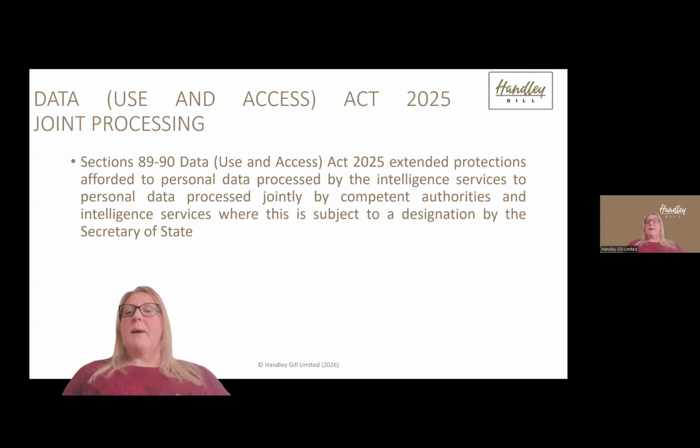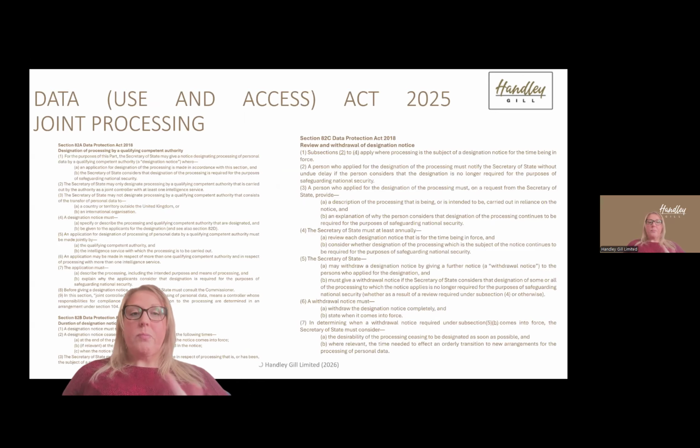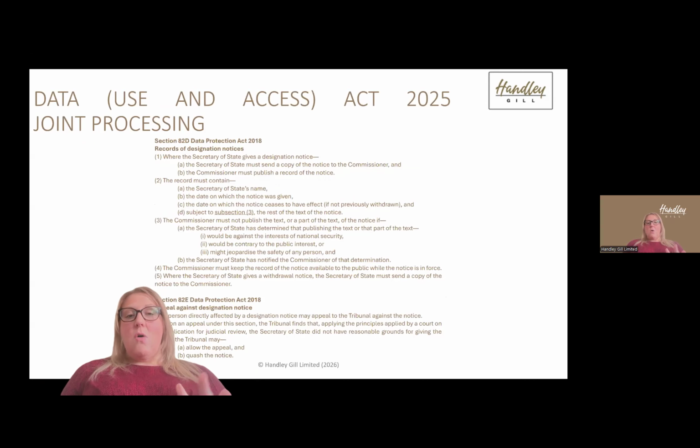So when I'm talking about extended protections afforded to personal data processed by the intelligence services, those are protections for the intelligence services and now, where there's joint processing, competent authorities, rather than additional protections for data subjects. Those provisions are set out in new sections 82A, B, C, D and E of the Data Protection Act 2018.